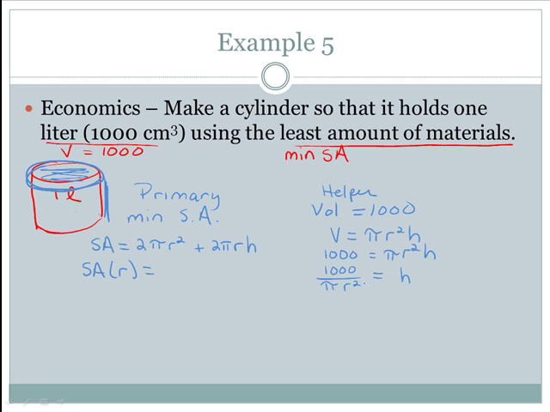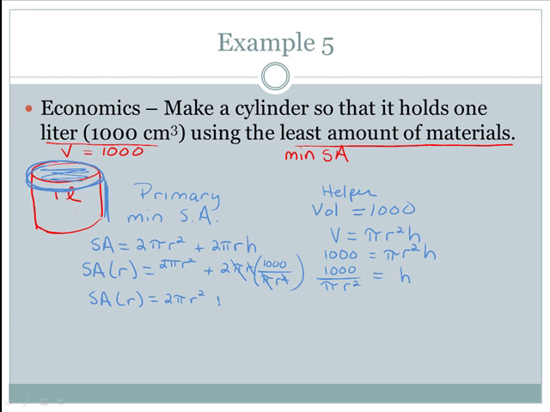So I picked it to be in terms of r so I could get h by itself because that was easier. So now I plug in that helper equation, and the pi's cancel and one of the r's cancel. And so what I have is 2 pi r squared plus 2000 r to the negative 1, because that r was in the bottom.